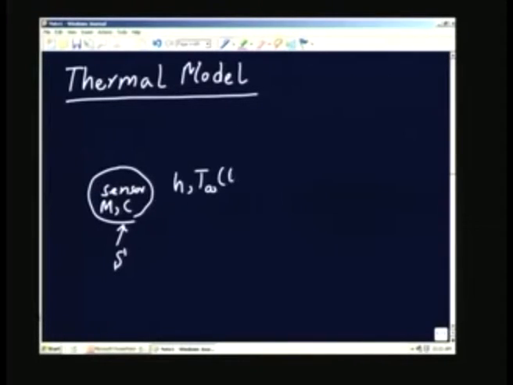To be more specific, I will say that T infinity is possibly a function of time. Okay. Therefore, let us assume that initially at t equal to 0, T of the system will be indicated by T subscript i.